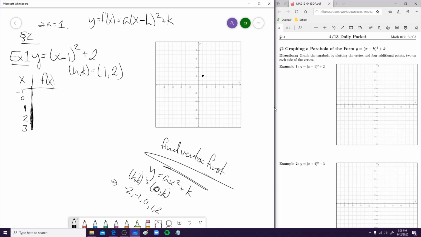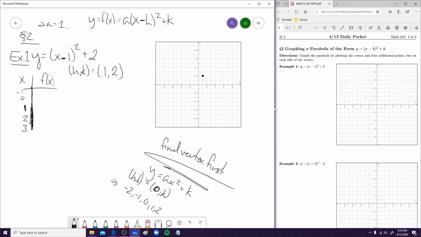So it was my mistake to tell you guys to always pick these. That's not true. You have to find the vertex first and then find 2 values to the left of it and to the right of it. But still, same process. You're still going to plug x into your function, and then you're going to get a value out of it.